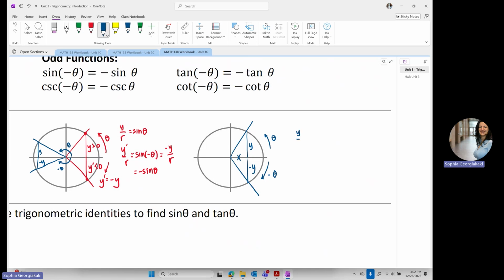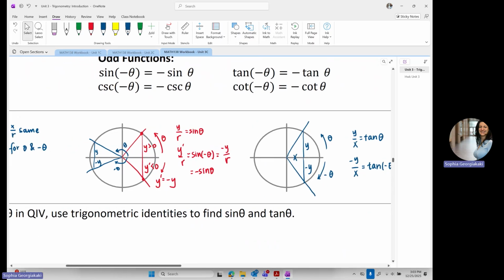So y over x is the tangent of theta, and negative y over x would be the tangent of negative theta. And you can see that they are opposite of each other, right? So the tangent and the cotangent will be odd functions.